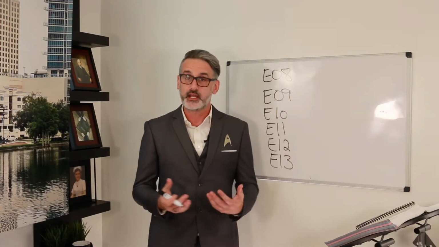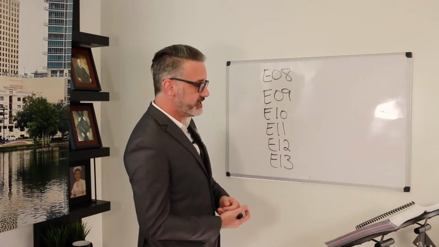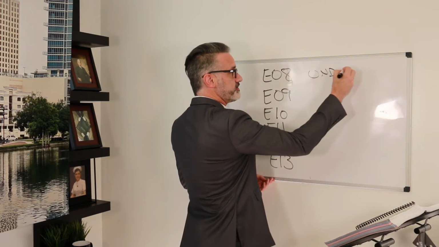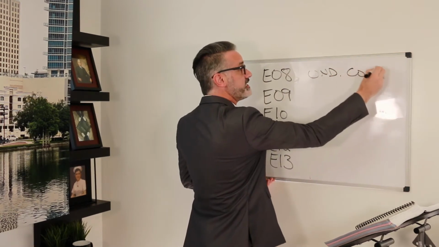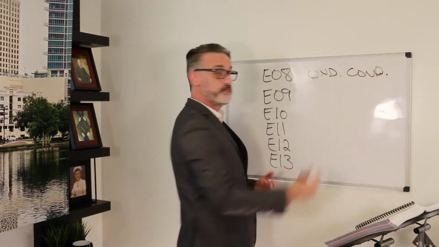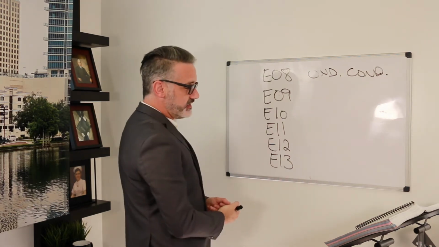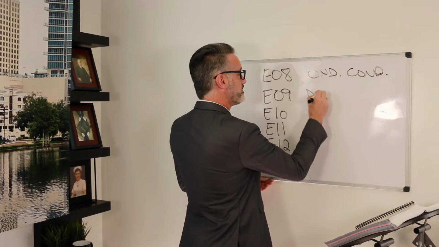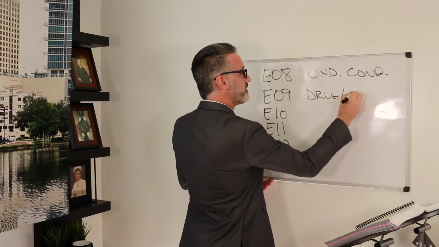Dealing with categories, first we have E08, diabetes due to underlying condition. I'll just put UND-COND for underlying condition. Then we have E09, diabetes due to drug or chemically induced, so drug or chemical.